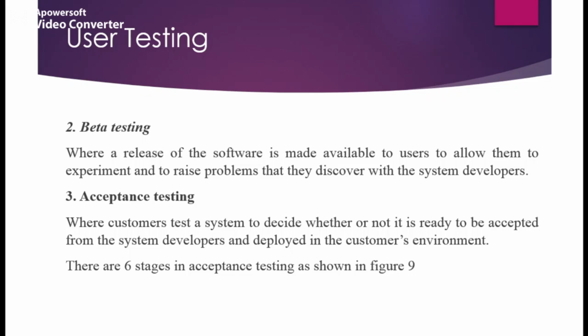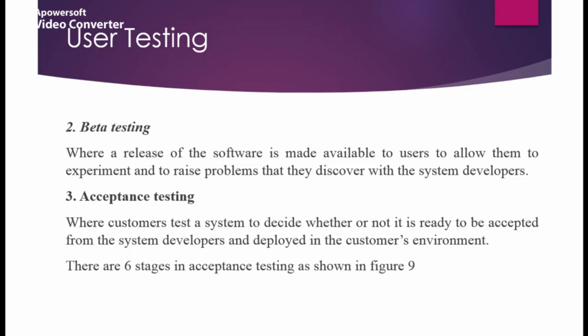So here a release of that system, it can be a product, is given to the users. They will start using the system, so they might identify some problems which the development team might not have recognized.